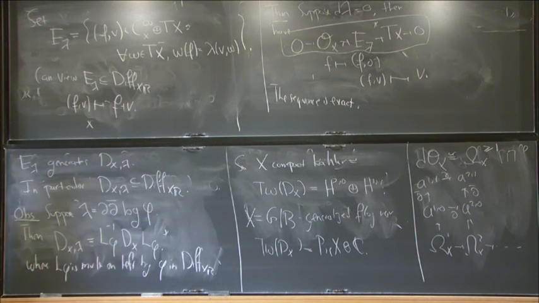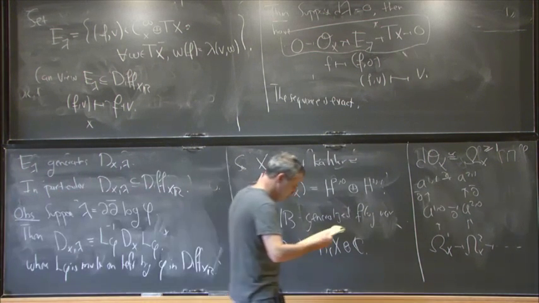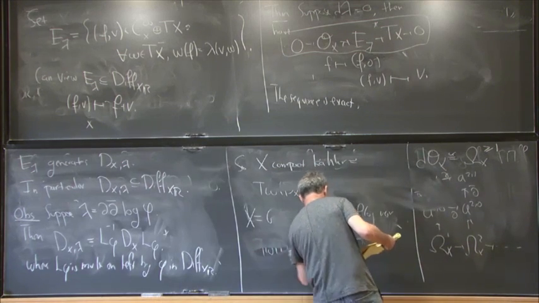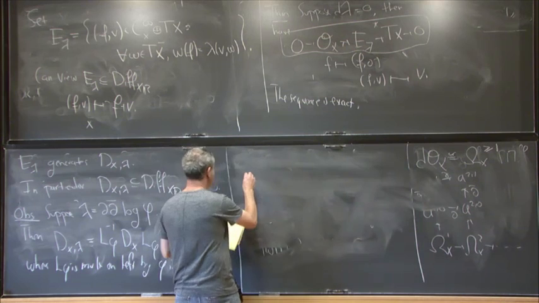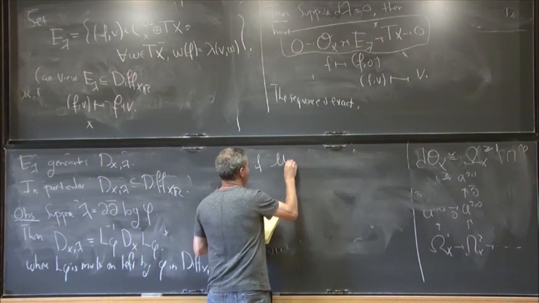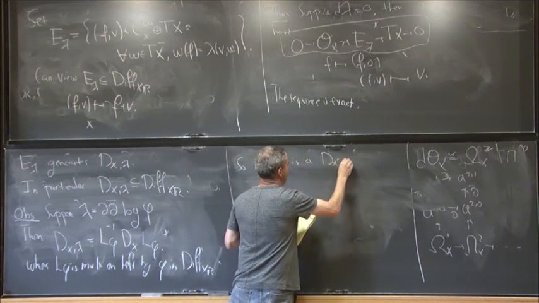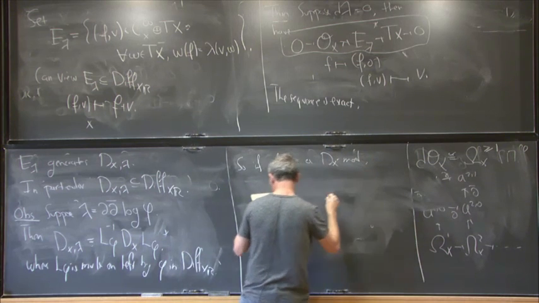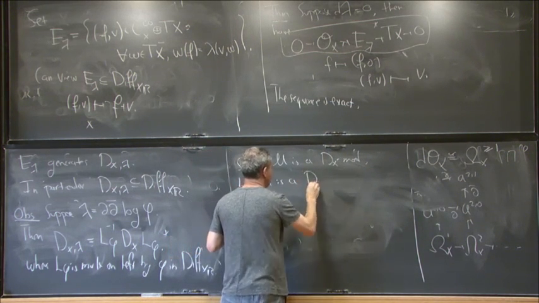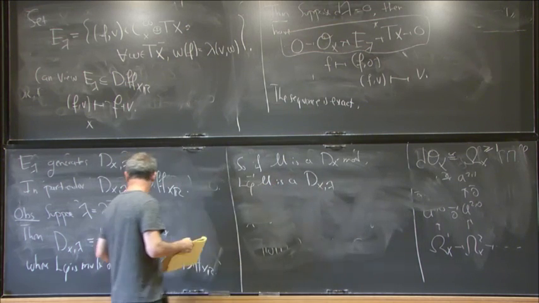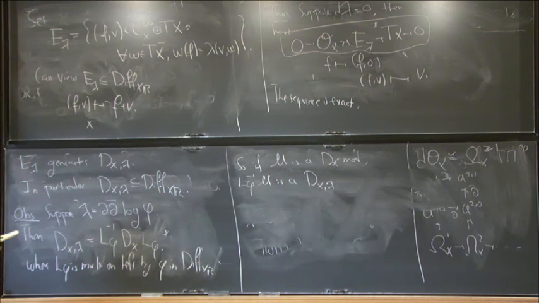That's cool, because if you have a dx module, you can make a d module by multiplying that dx module on the left by L phi inverse. So if M is a dx module, L phi inverse of M is a dx lambda module, because of the way the conjugation works.